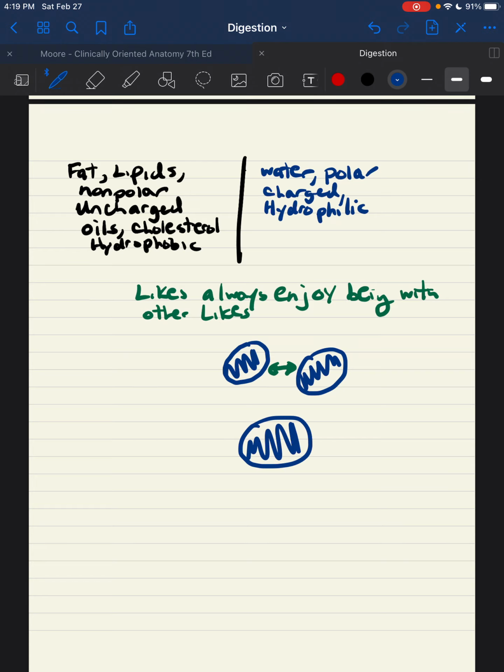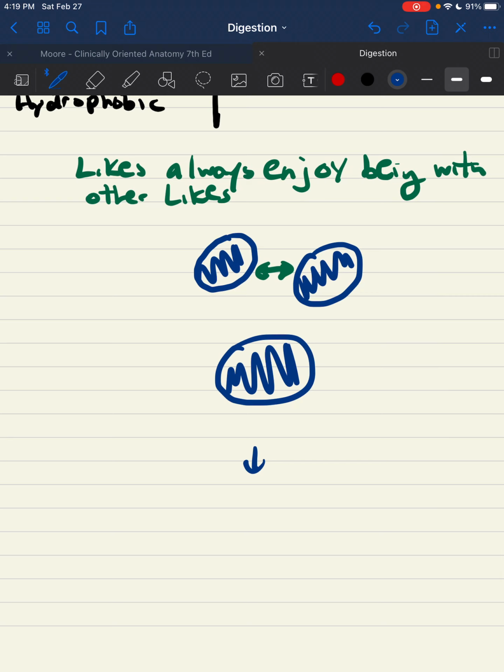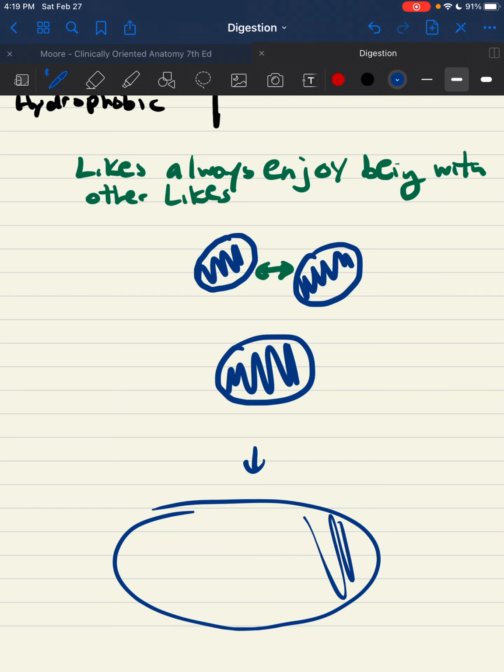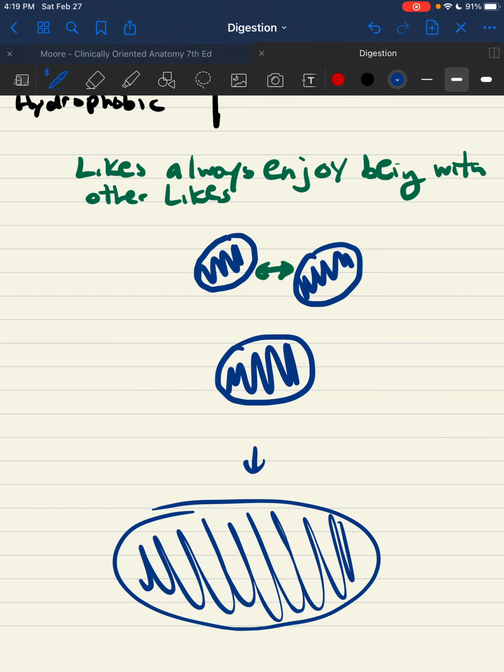Let's say I have a really large container of H2O right over here.